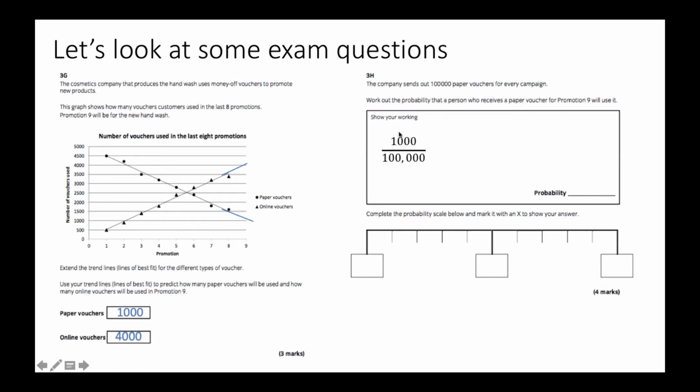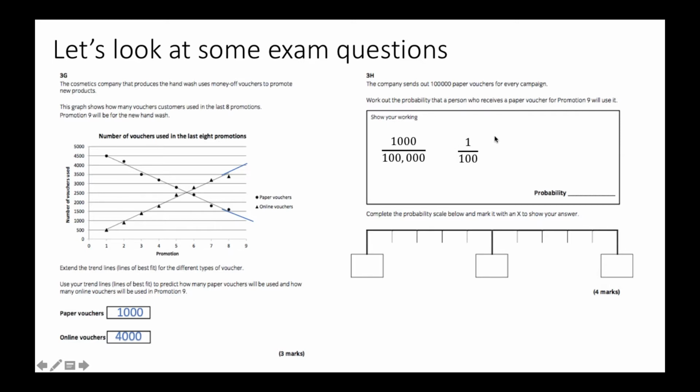Now I'm going to simplify this fraction just to make it look a little bit easier to use. And the beauty of having a fraction with lots of zeros is I can just take off 3 from the top and 3 from the bottom. If I had 4 on the top, I could take off 4 on the bottom, but I don't. So if I get rid of those 3 and those 3, it gives me 1 out of 100.